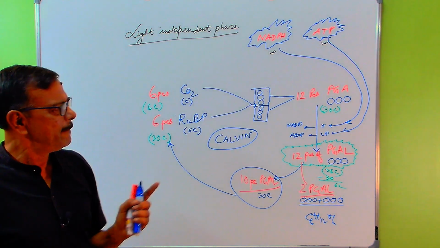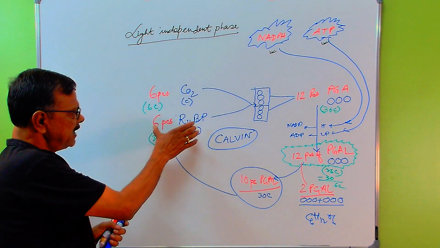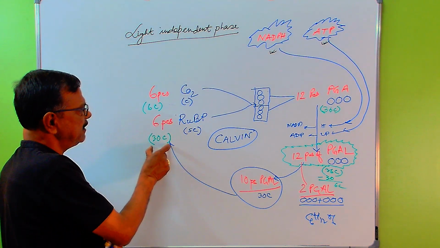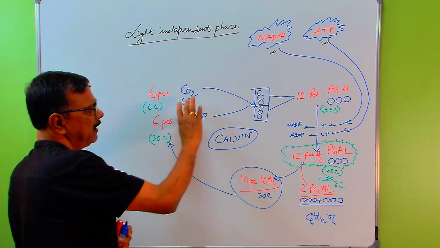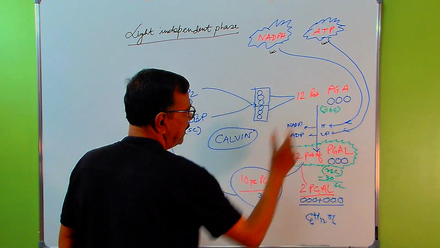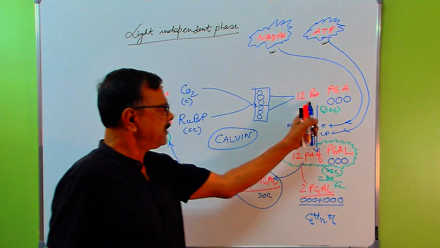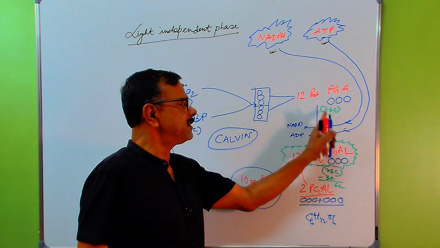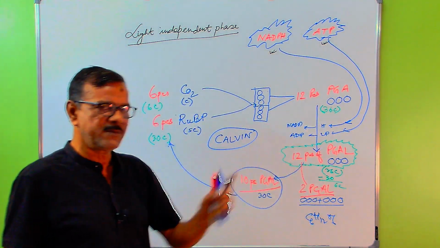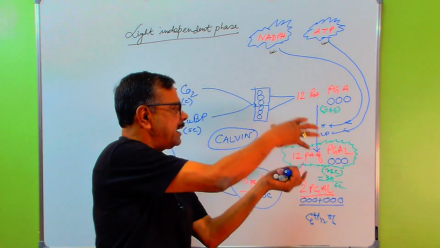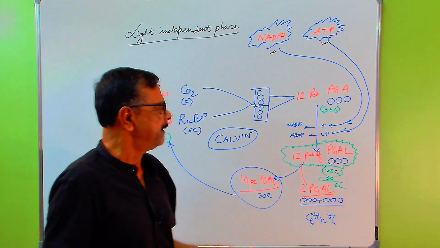This much you will say, and here again I am repeating: 6 pieces, 6 carbon, 36 carbon, it produces 12 pieces of phosphoglyceric acid, each having 3, 12 times 3 is 36 carbon. Out of 36 carbon, again it becomes 36 carbon, but it becomes energized with the help of NADPH and ATP.